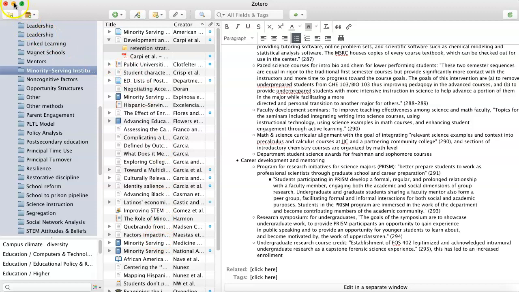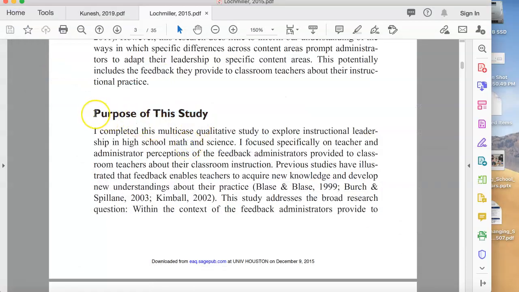So here you could have a bullet that says purpose of the study, and you could pull out a direct quote. If you pull out a direct quote, make sure you cite it with the page number, and you put in quotes what is actually taken directly from the article.